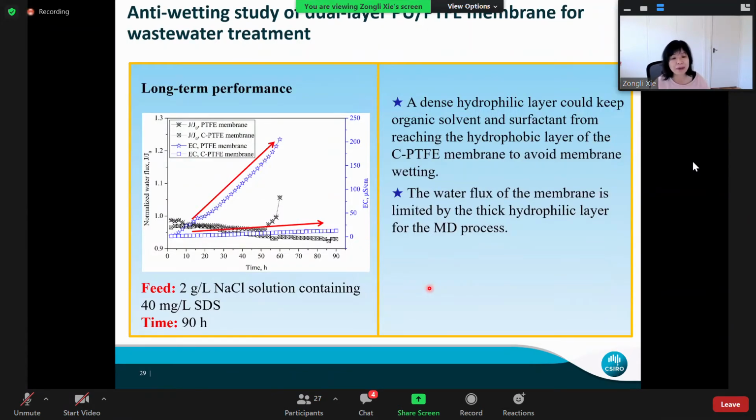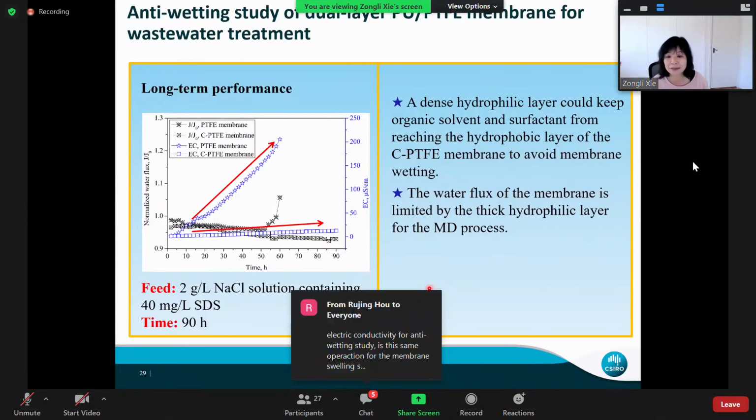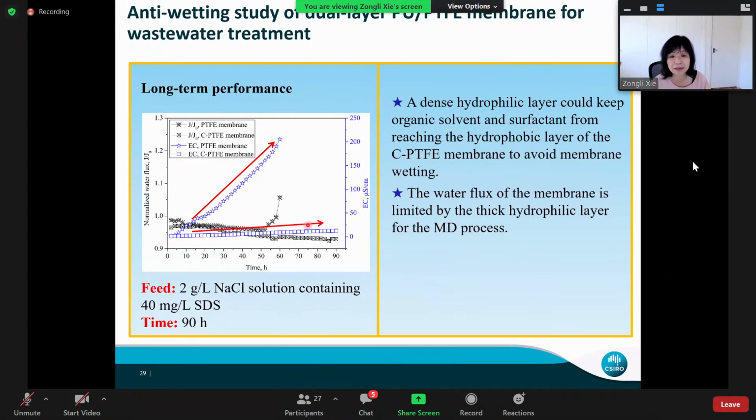And we tested this membrane for 100 hours actually. For this, we were adding 40 milligram per liter of SDS, which is quite a high concentration of the surfactant. As a comparison, you can see this membrane has demonstrated very significant anti-wetting performance, and this is obviously thanks to the dense hydrophilic layer.